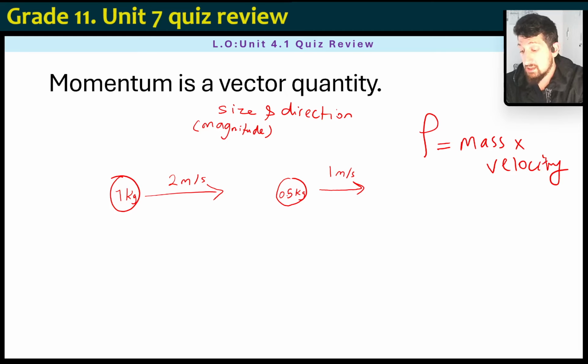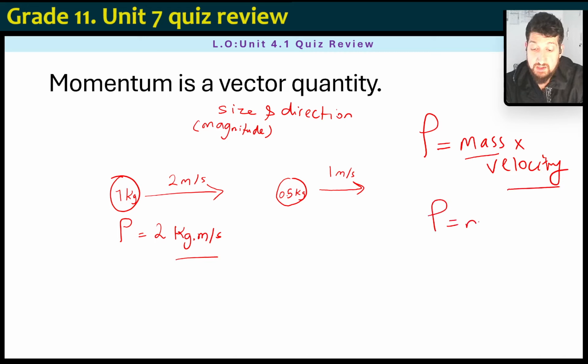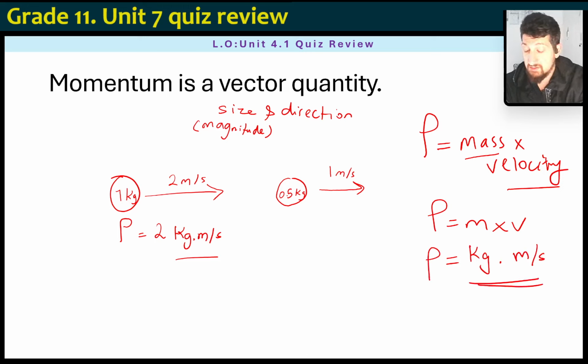So in this case, the momentum is going to be 2 kilogram dot meters per second. And I hope that's obvious why that's the unit for momentum, because remember, it's mass times velocity. So it's m times v. What's the unit for mass? Kilograms. What's the unit for velocity? Meters per second. So in fact, that is the unit for momentum.